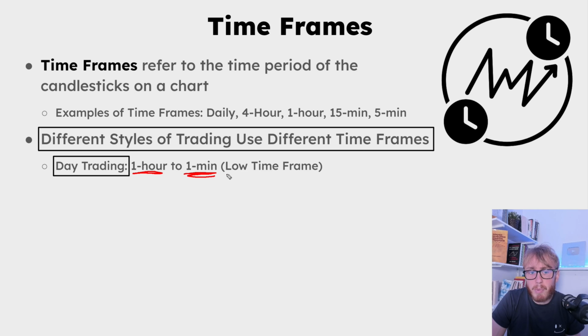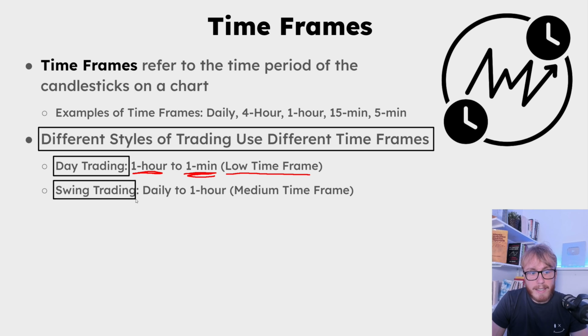And this is usually what we refer to as the low time frame. Another type of trading is swing trading, and swing traders can hold positions from a few days up to a few weeks. The time frames swing traders use are from maybe the daily time frame down to the 1 hour. And this is what we refer to as the medium time frame.